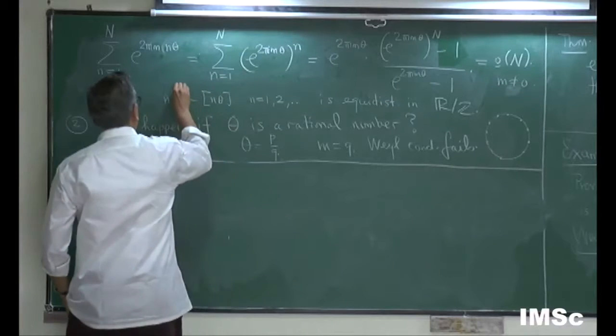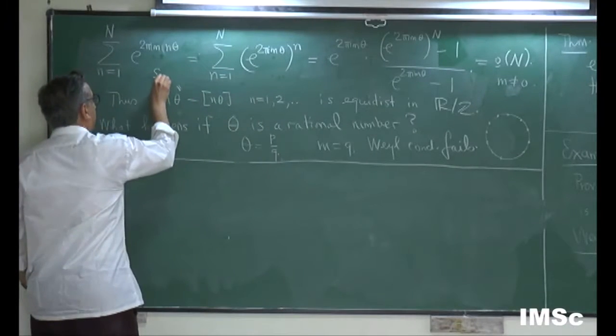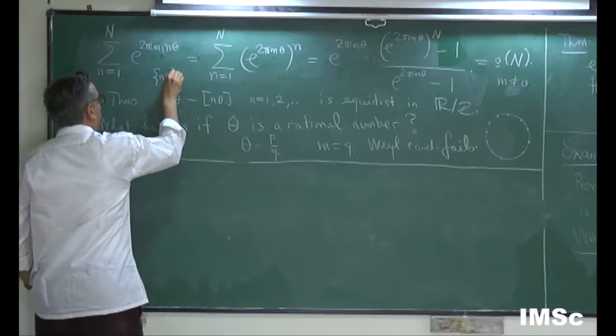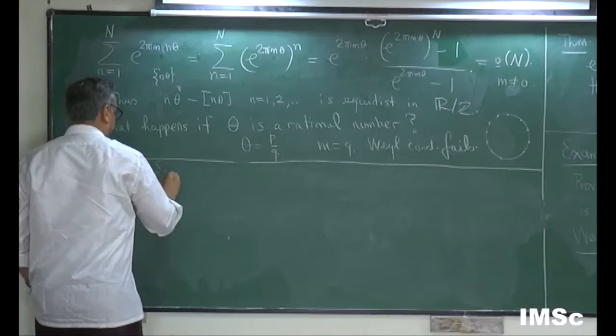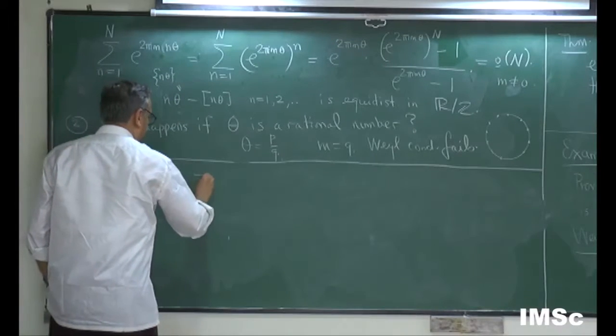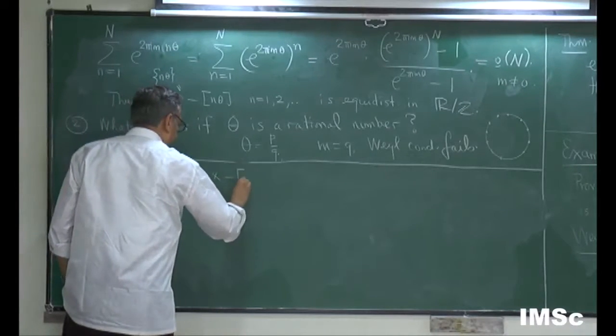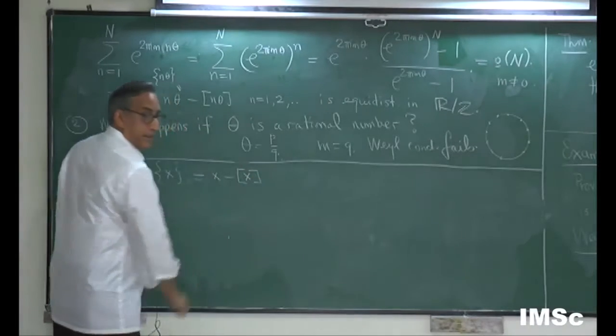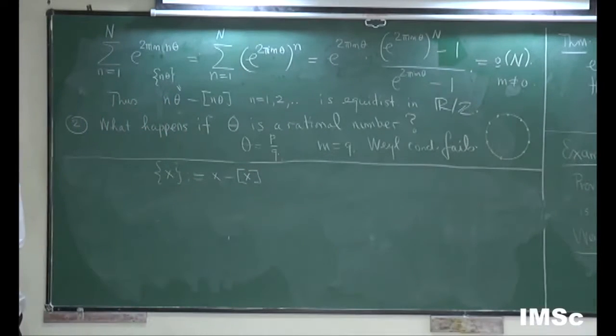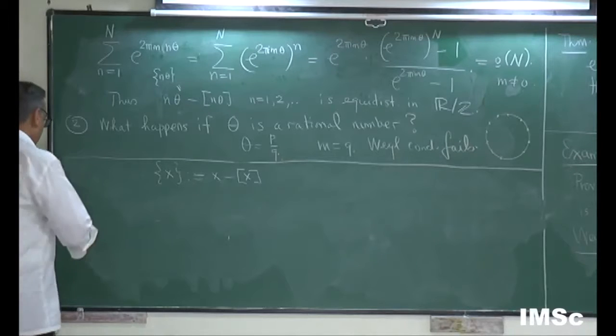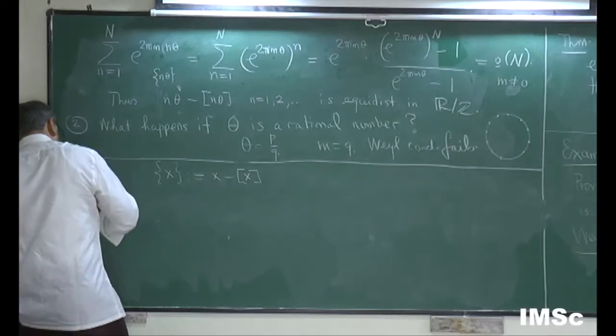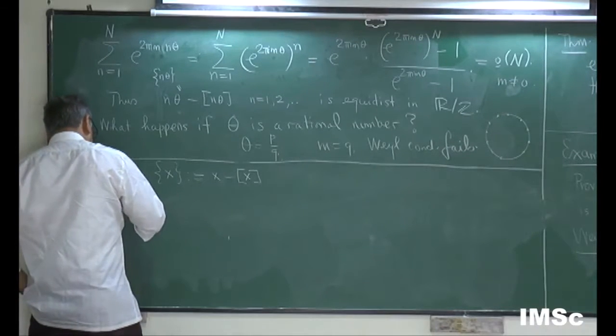So by the way, these things are called fractional parts. The fractional part of x is by definition x minus the greatest integer. This is the usual. So let me ask you, let p be prime.